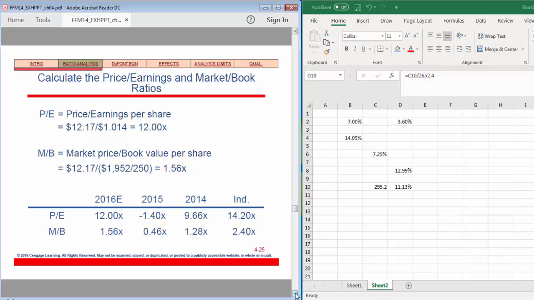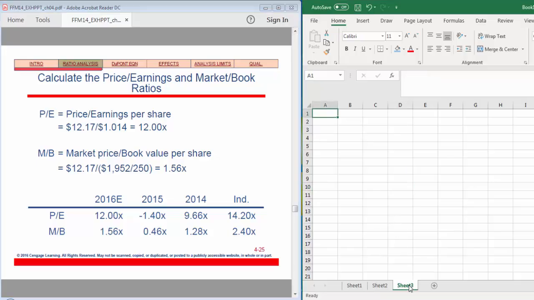Calculate the price earning and market to book ratio. So price earning, we had done this in the previous chapter. Price is the stock price, and this is from the other data that was given. And let me open up another worksheet. So you get the estimate of the share price of the firm, which is 12.17, divided by earnings per share.